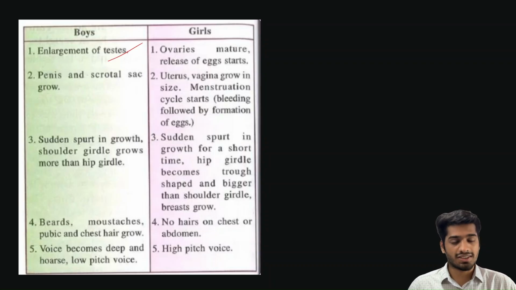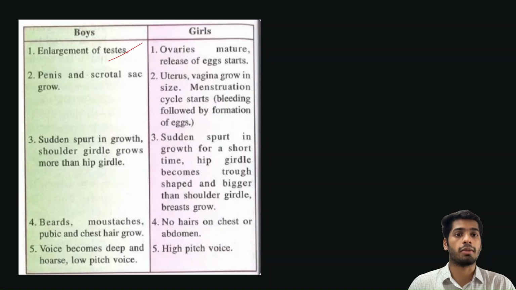In females, from this age, they will start to have their menstrual cycle. That is nothing but that bleeding stage, where every month there will be a release of a single cell, that is your egg. So in males you are going to see the production of sperm, and in females, the release of egg. Also in males, there's going to be growth in the size of penis and scrotum. Now, the third point is there is going to be a spurt growth.